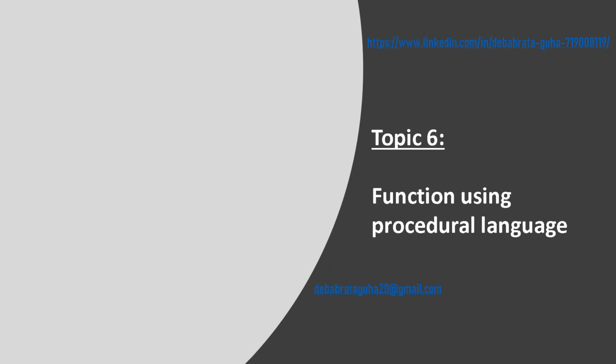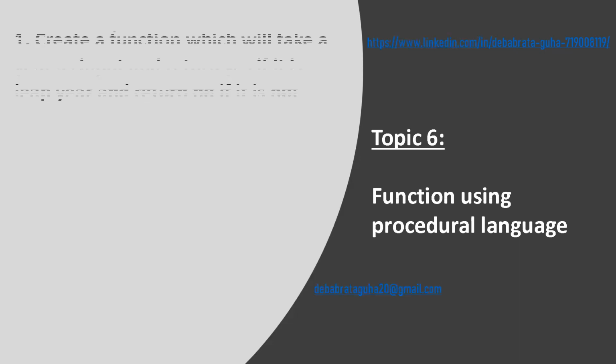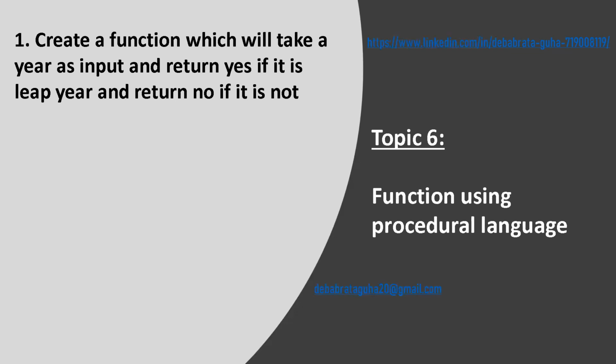Okay. So if we go to topic 6, it is function using procedural language, and this will be somewhat complicated if you forget our variable class. But if you can remember our variable class, it will be that easy. So create a function which will take a year as an input and return yes if it is a leap year and return no if it is not.